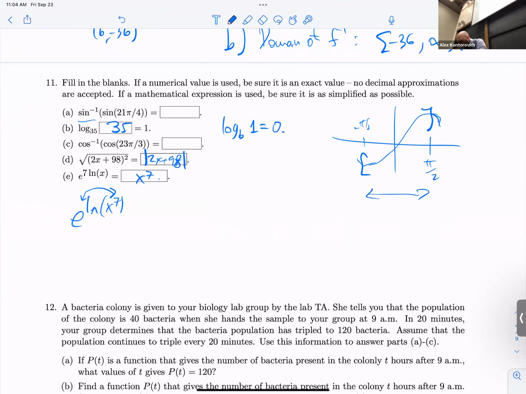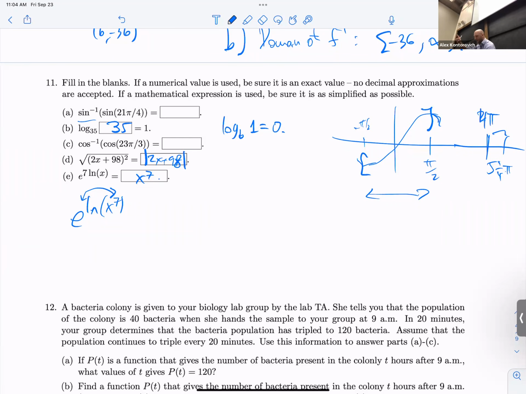So if you take sine of 21 pi over 4, that's 5 and 1/4 pi. The even number before that is 4 pi, and I'm 1 and 1/4 pi past that.